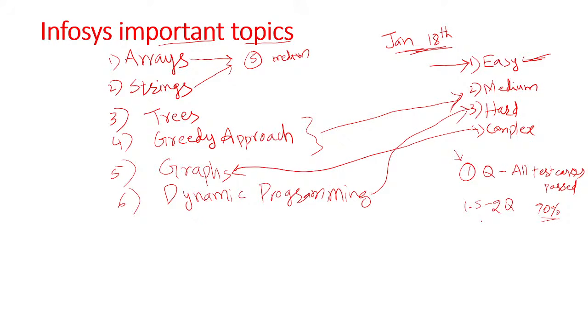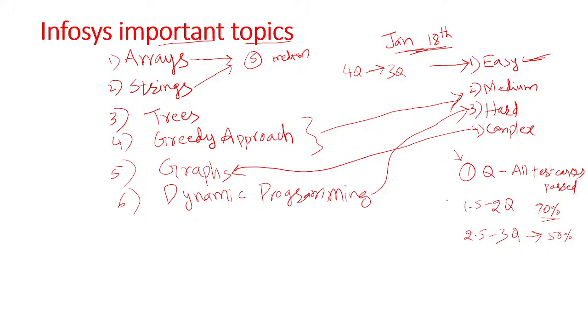If you can solve 2.5 to 3 questions, out of the 4 questions given, with 50% test cases passed, then you will get the interview call for the next level.